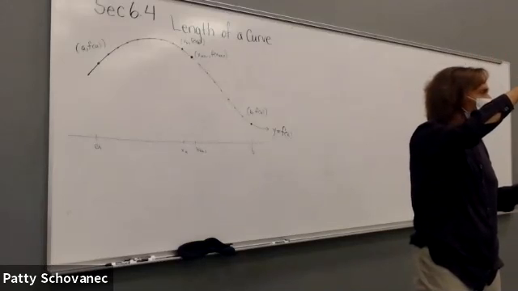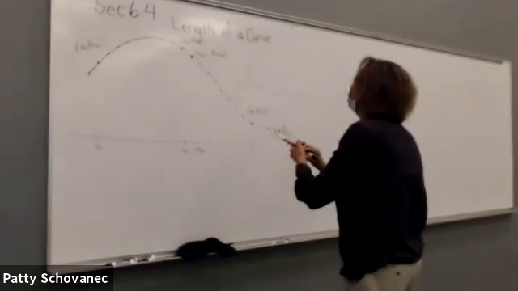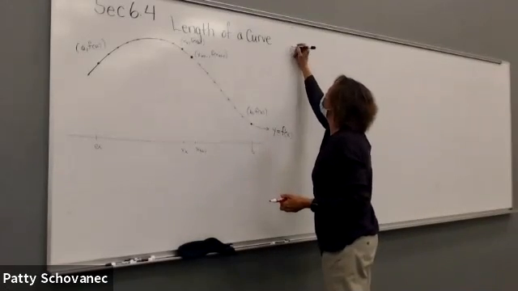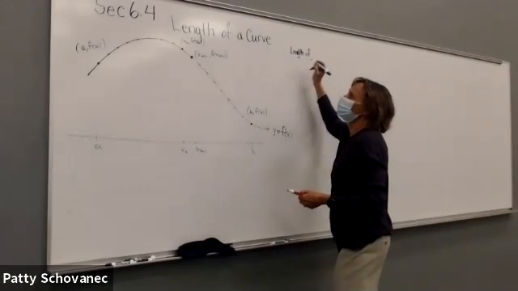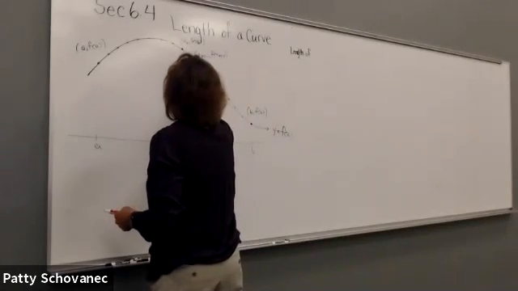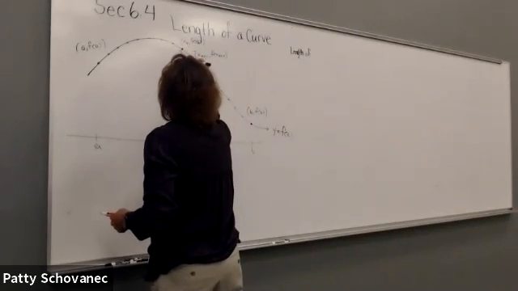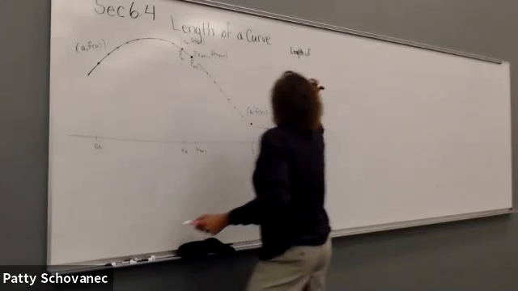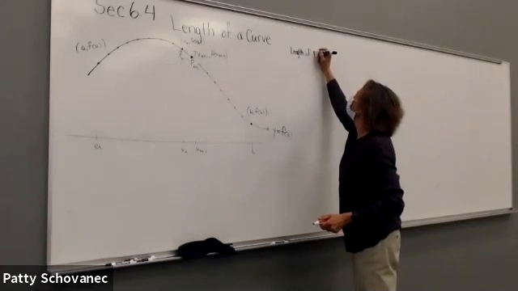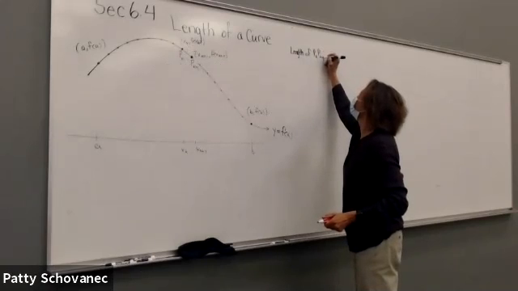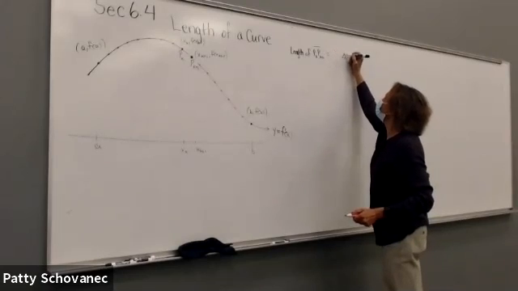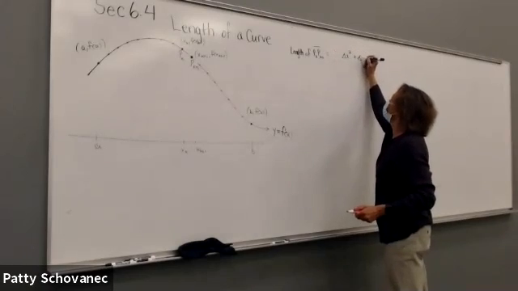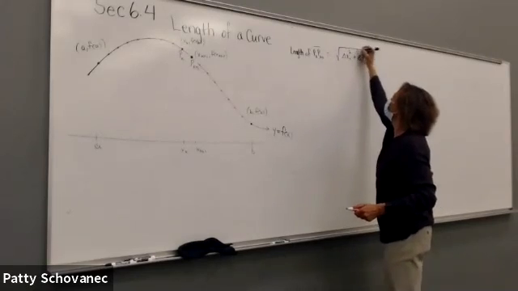Okay, so by the distance formula or the Pythagorean theorem, the length of this interval pk to pk plus 1 as a line segment is just the square root of delta xk squared plus delta yk squared.